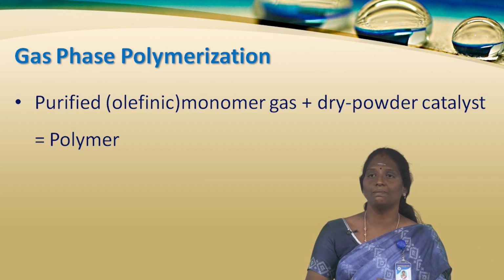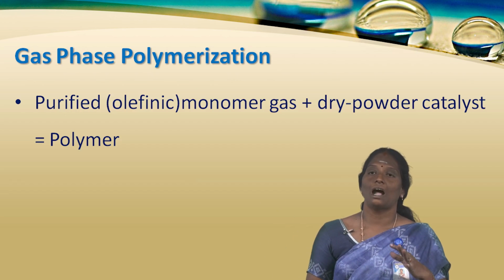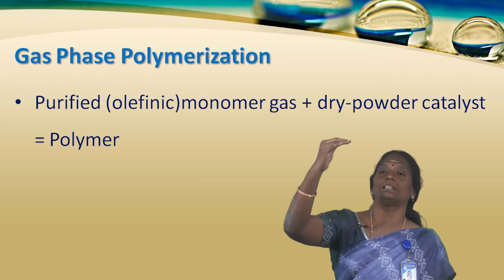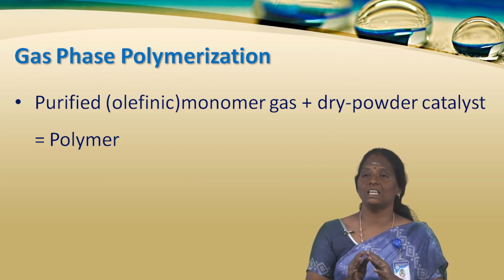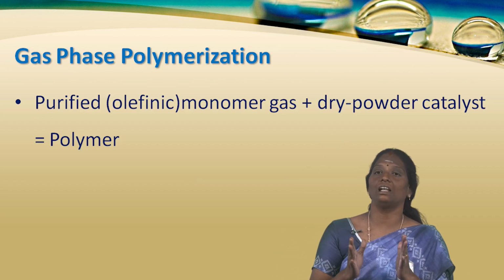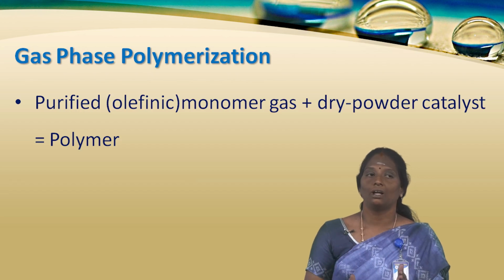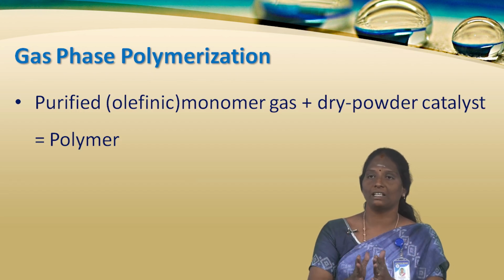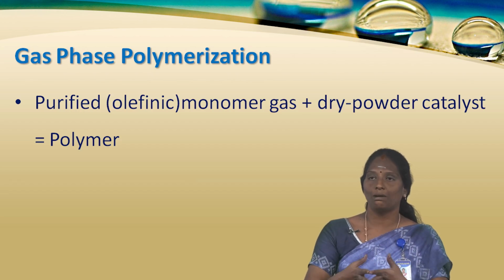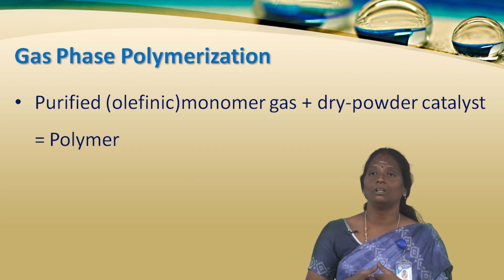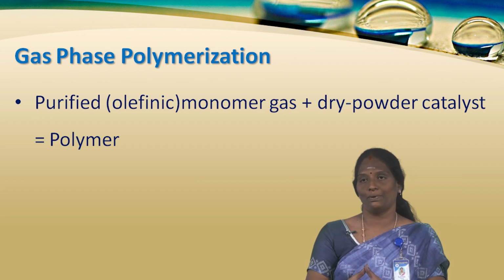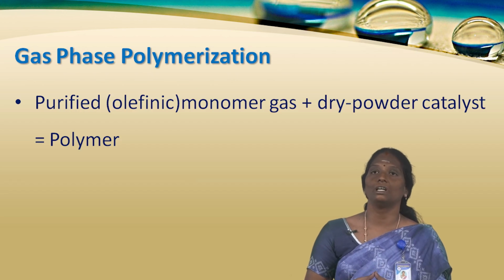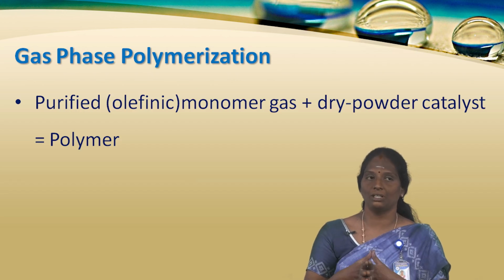The monomer is continuously fed into the reactor and passes upward through a series of vertical reaction zones. At the top of the reactor, gas is removed, compressed and cooled, and fed back into the reactor to control the temperature. This is about gas phase polymerization.